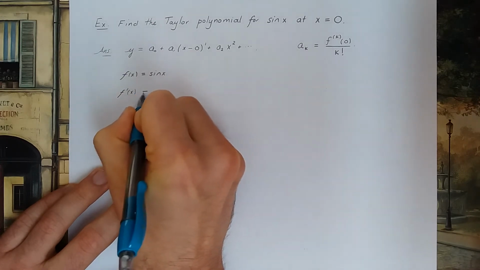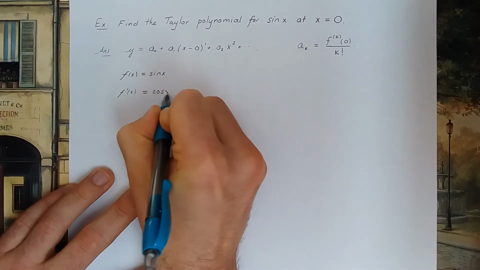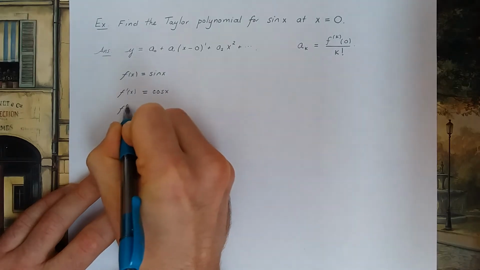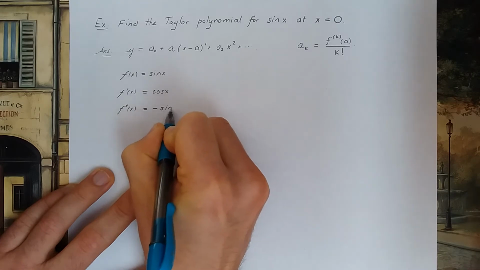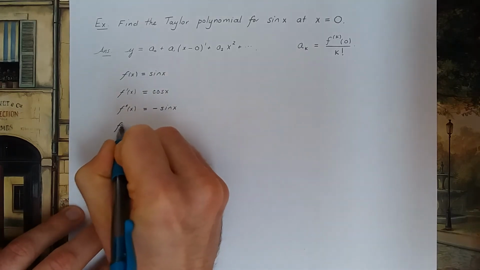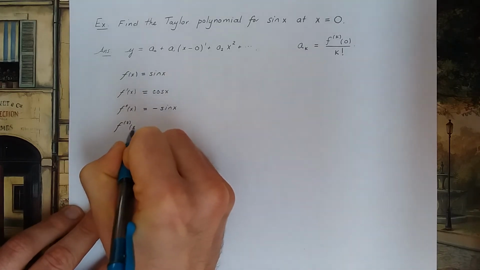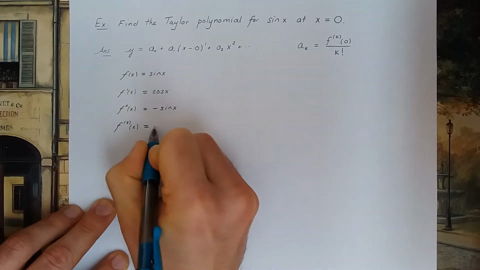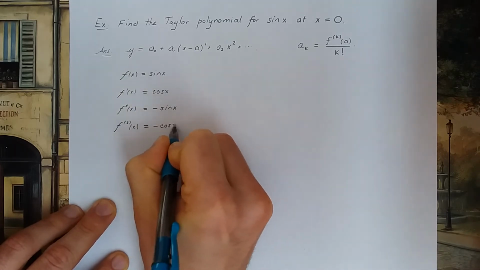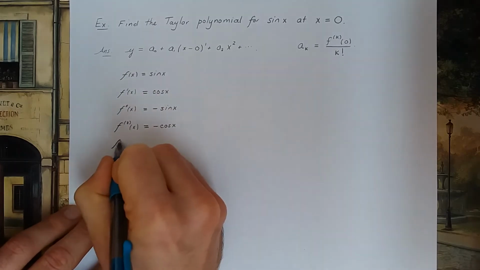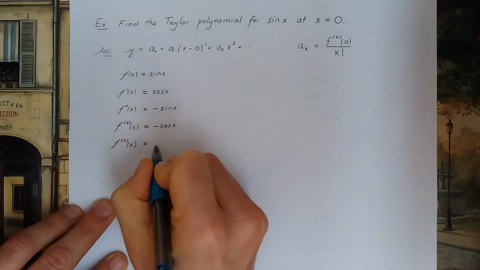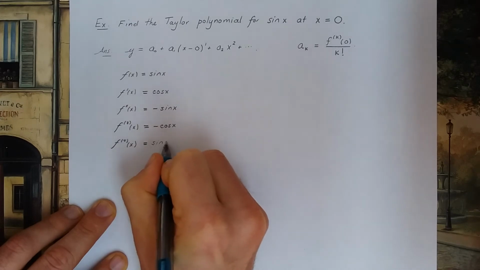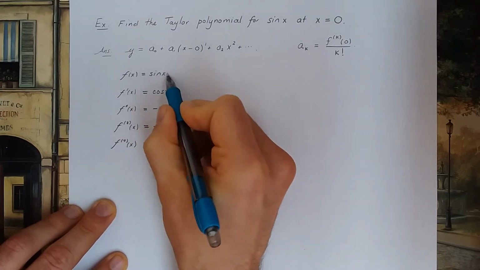The derivative of sine x is cosine x. Derivative of cosine x is negative sine x. Derivative of negative sine x is negative cosine x. The fourth derivative of my function is sine x, and I'm back where I started.